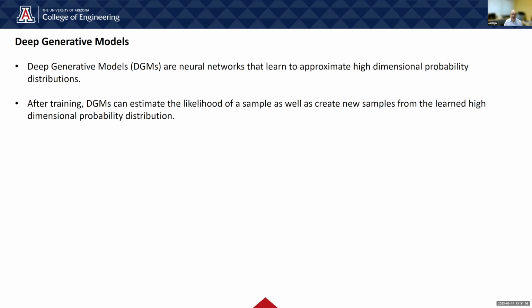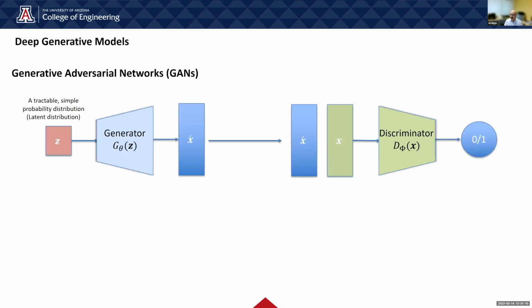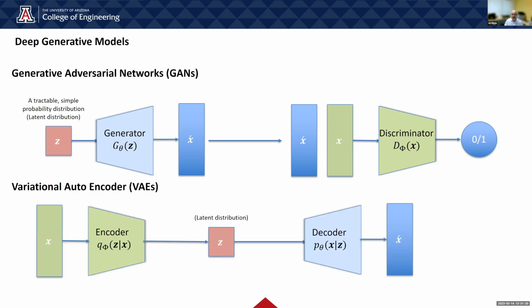This is a part where I'm not really sure how familiar people are with other generative models, so maybe I'll skip over this and assume that you may know a little bit. It's not super critical. I just want to say here that there have been earlier attempts at deep generative models, such as GANs, the generative adversarial networks, and variational autoencoders. These are all generative models in the sense that once you learn a distribution, you can generate samples from that learned distribution.